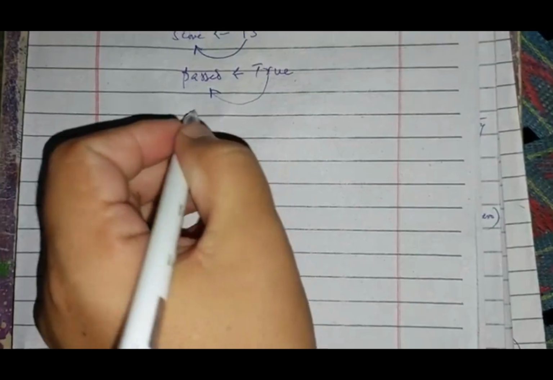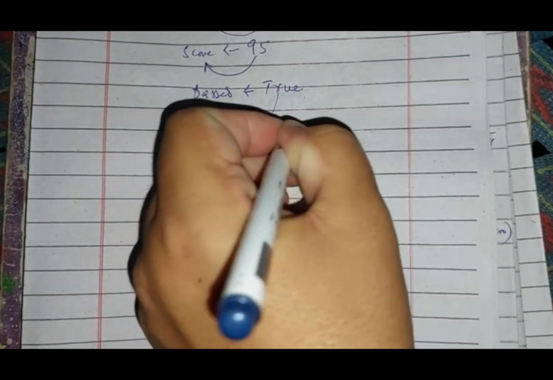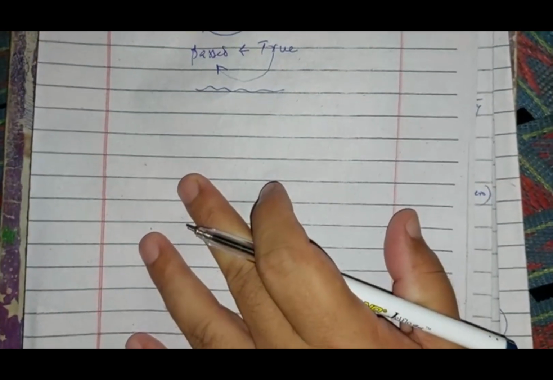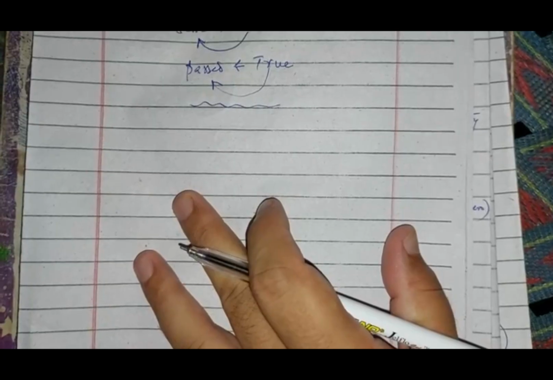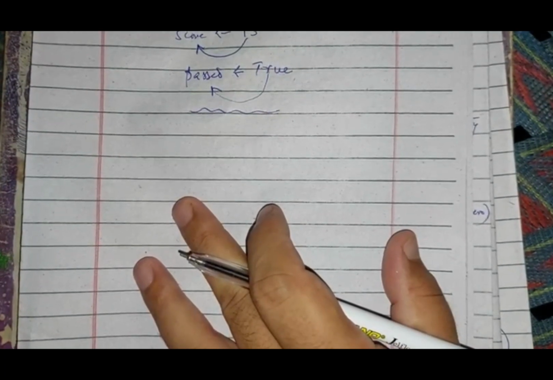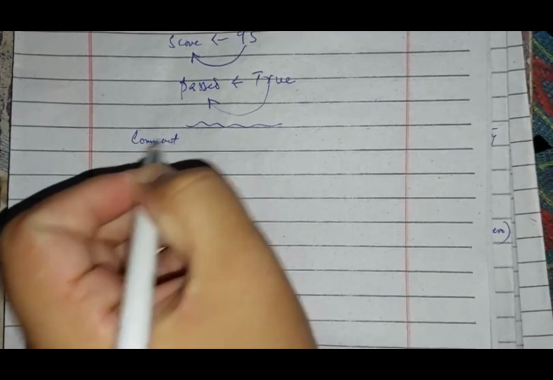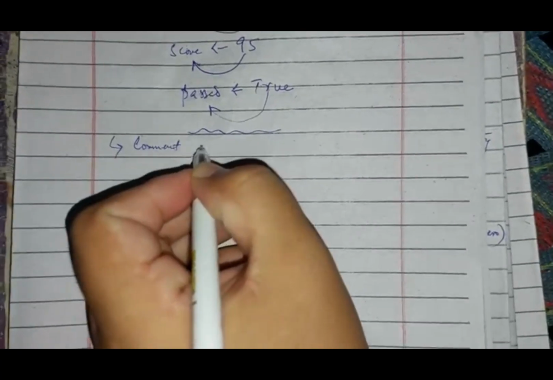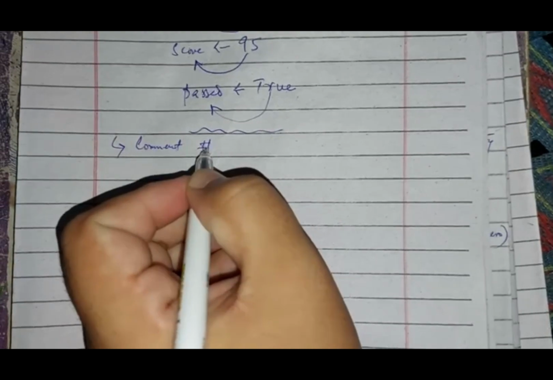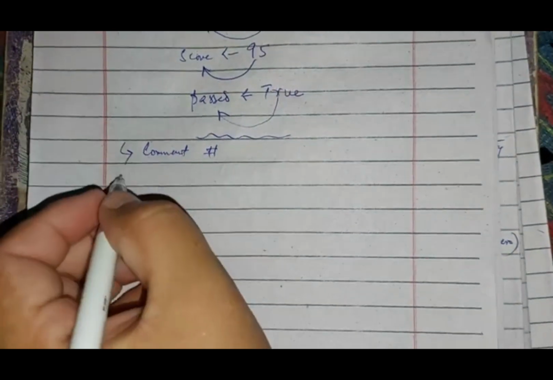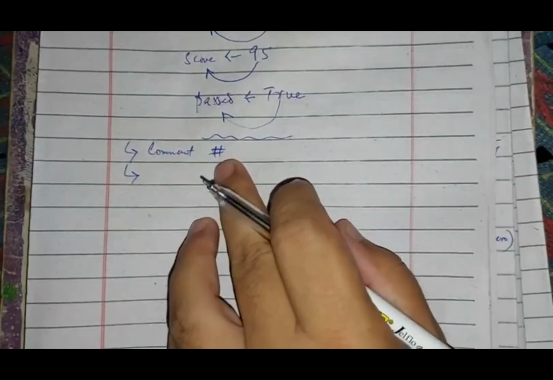Okay, so now we will be studying some other operators that are commonly used. What we have done up till now is the comment, which is done with this sign, hash.